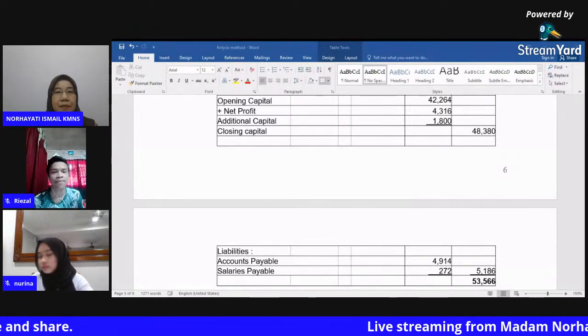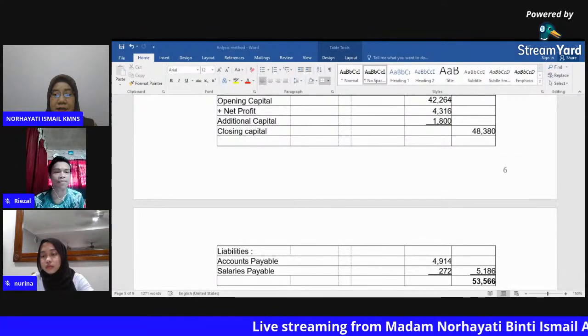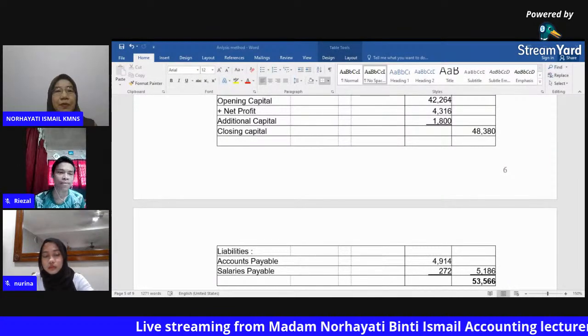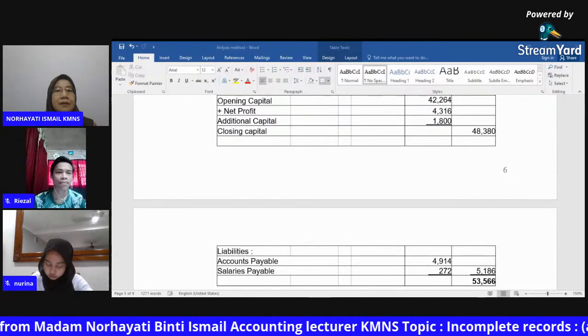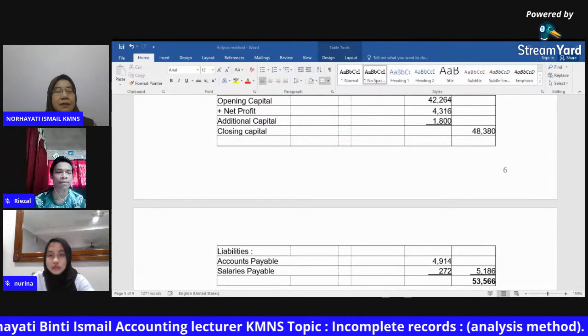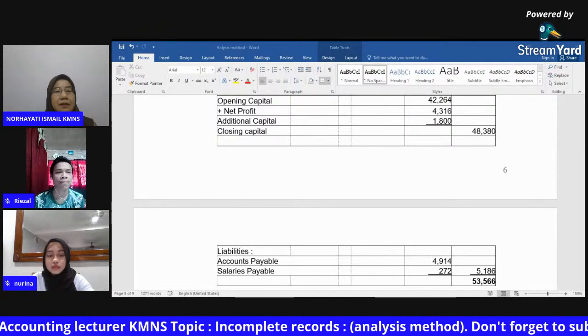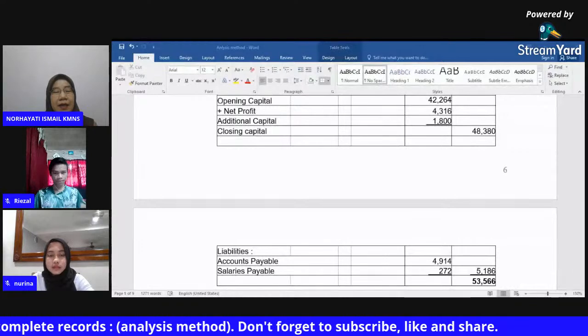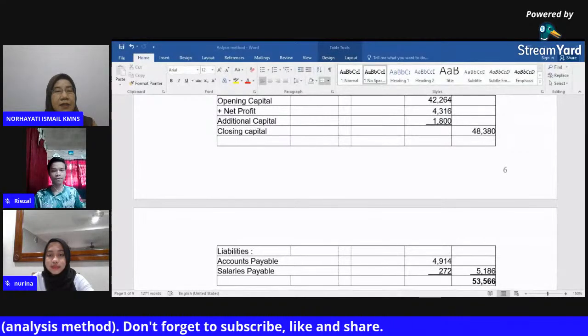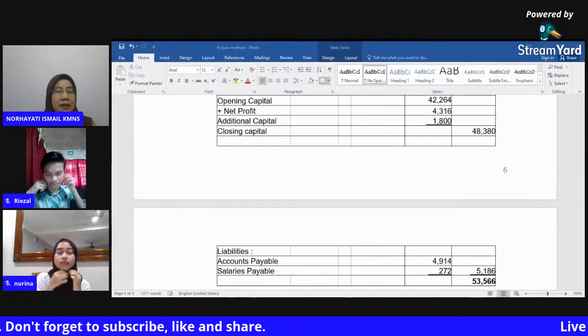Number 6, kita prepare opening capital and then baru kita boleh prepare the statement of income and financial position. So saya rasa setakat itu saja for today. Kita akan continue our lesson and the question on the next lesson.